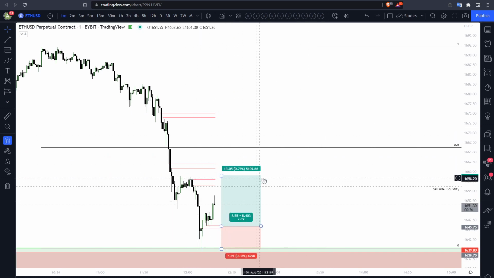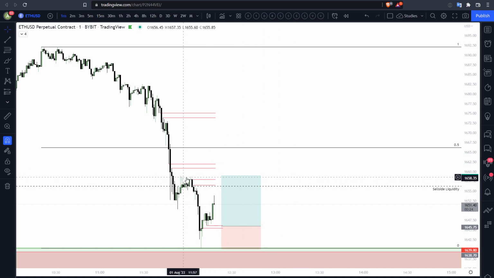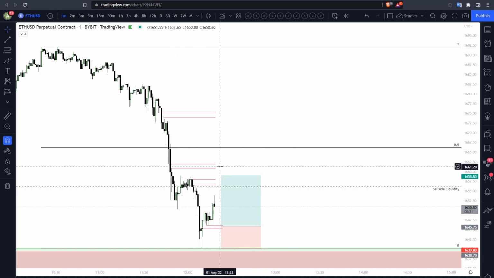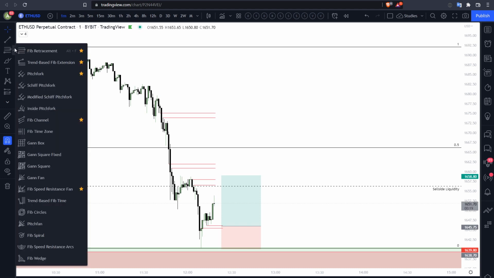The first take profit level, I would say, would be to breach these highs and to close this gap. So this would be the TP1.